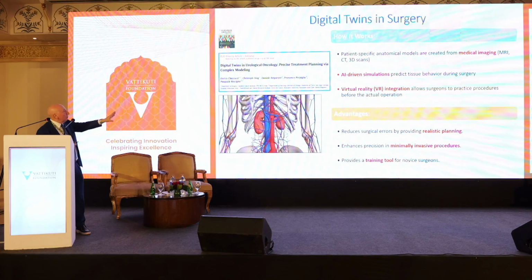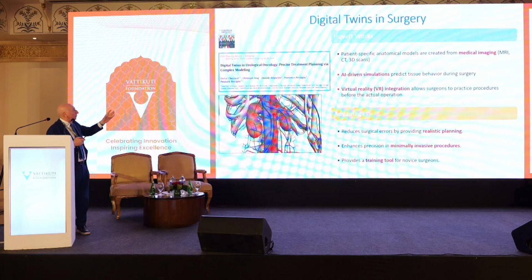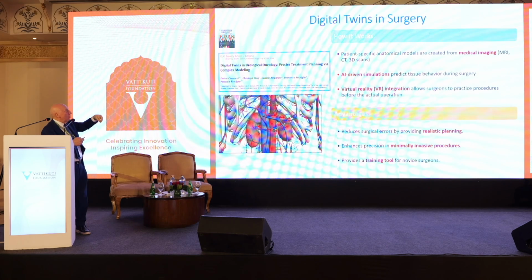But we obviously have the possibility to use this technology also in surgery. How can we apply it? First of all, we can create a duplication of the organs, and so we can predict with artificial intelligence the behavior that the tissue has, for example, during surgery.